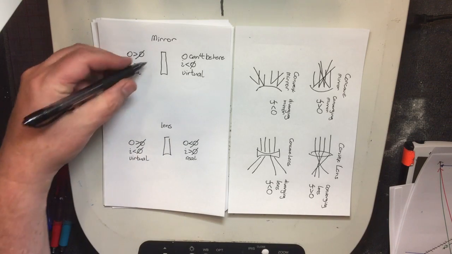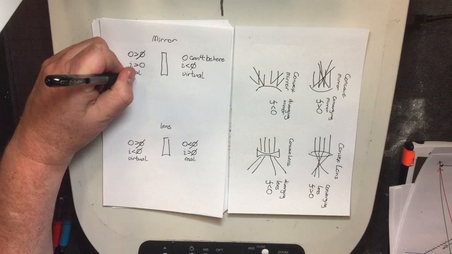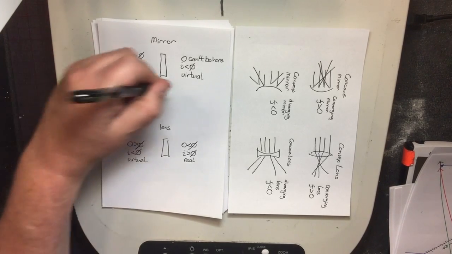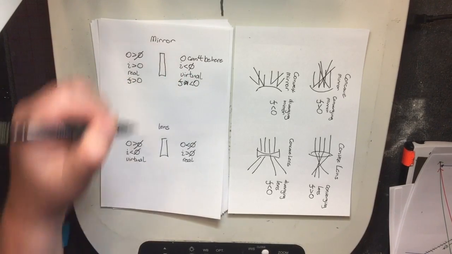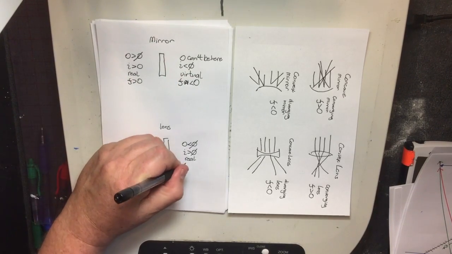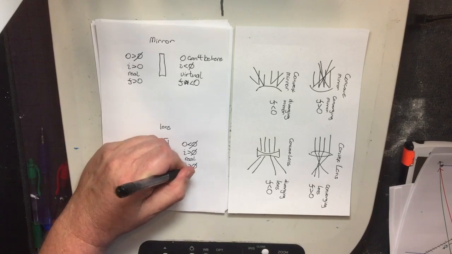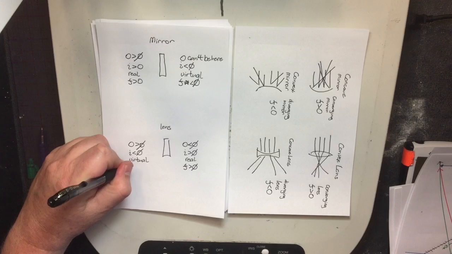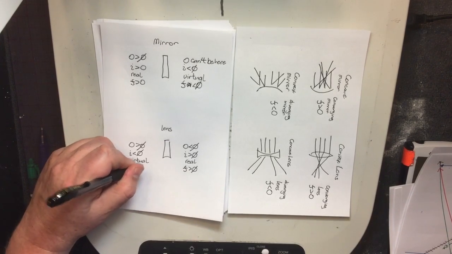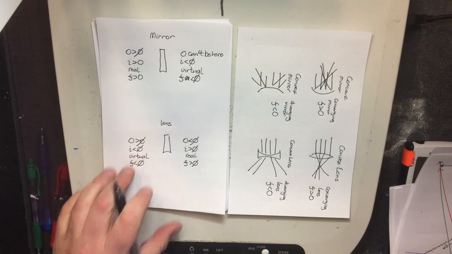For a mirror, the focal point, if it's positive, it is to the left. If it's negative, it is to the right. For a lens, if the focal length is to the right, it's positive. If the focal length is to the left, it's negative.